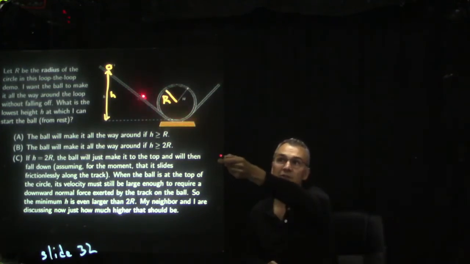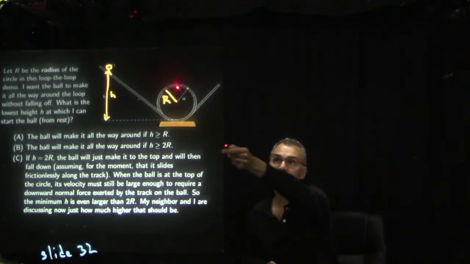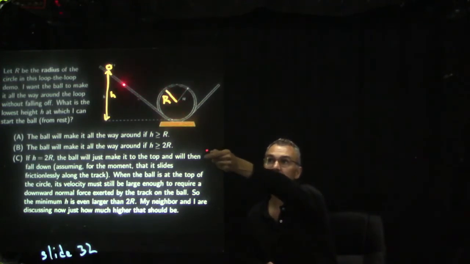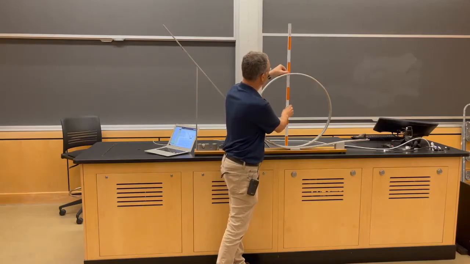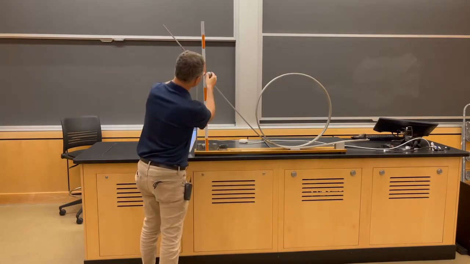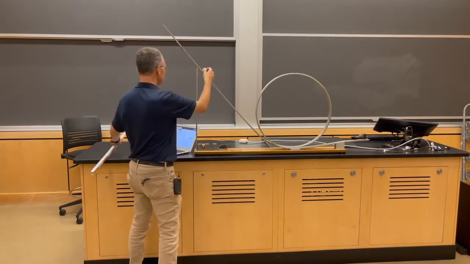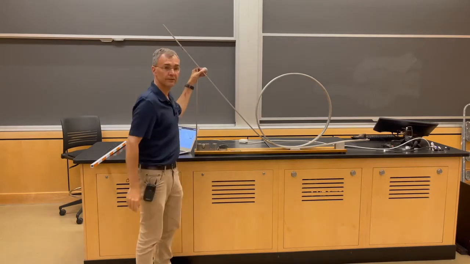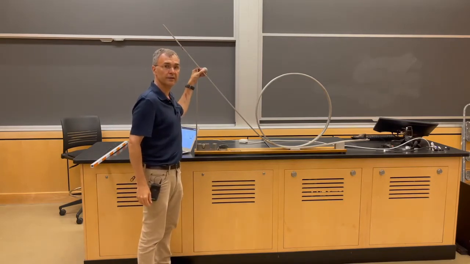But then, maybe we start it from, you say, well, if you start it from 2r above the ground, then it should make it to the top, but maybe then it'll just fall down. So I'll start right around here. So we'll start right around here, and let's let it go and we'll watch what happens.